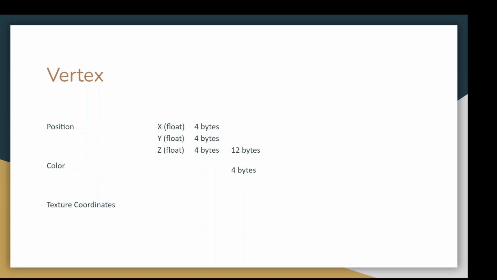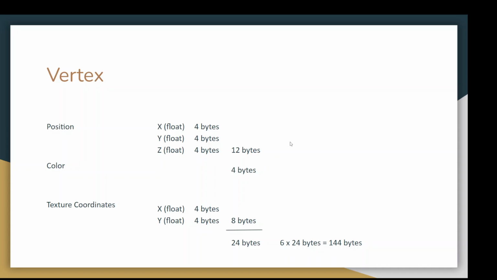The texture coordinates are made up of two floats, one for the X and one for the Y position of the pixel inside whatever texture we're using. So that is another 8 bytes. So if we add all that up, that is 24 bytes per vertex. Sending all 6 vertices for both triangles would be a total of 144 bytes per square.